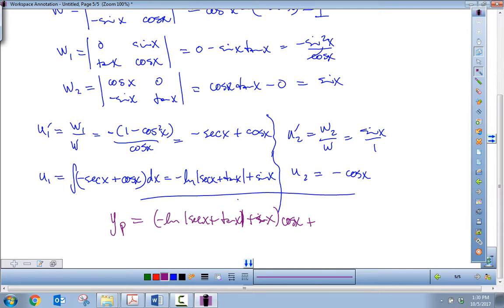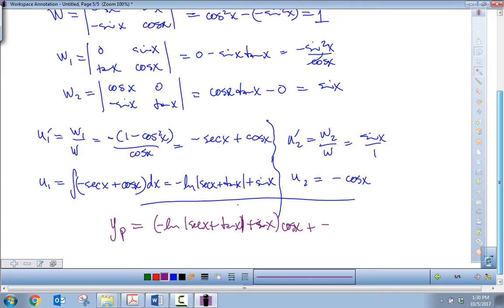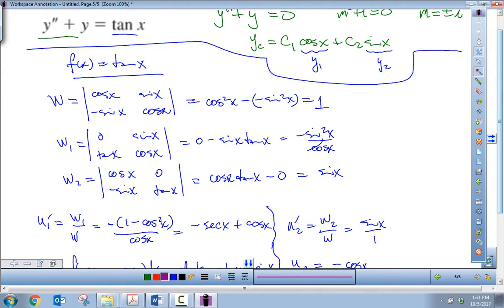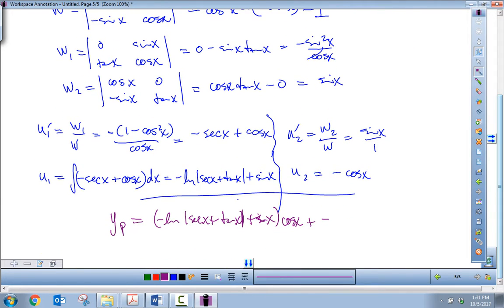No, the fundamental solution doesn't involve the C1. So our final general solution will have a C1. And then our second part of the particular solution is cosine x times, so this is u2, and then the y2 is sine x.